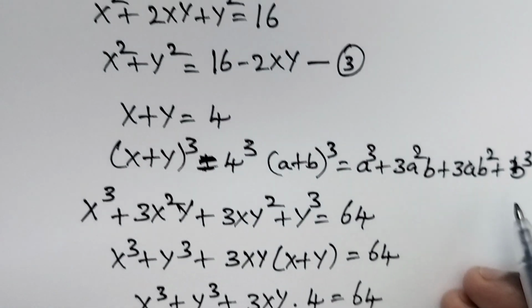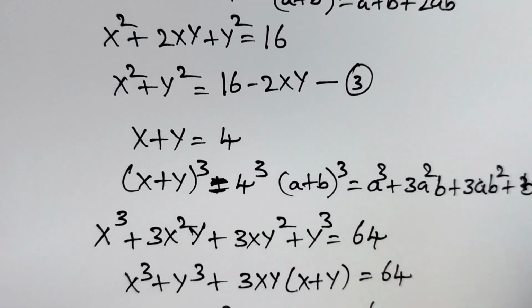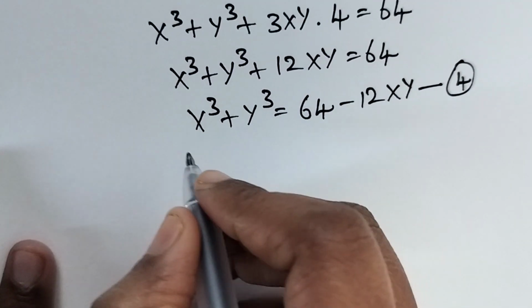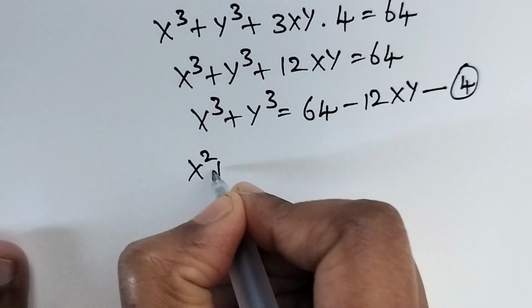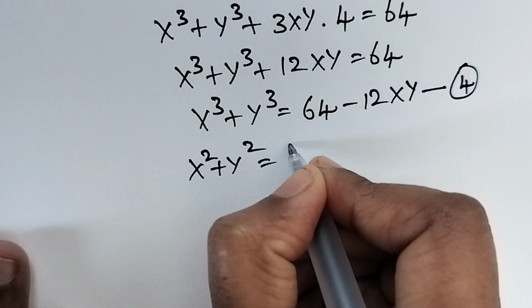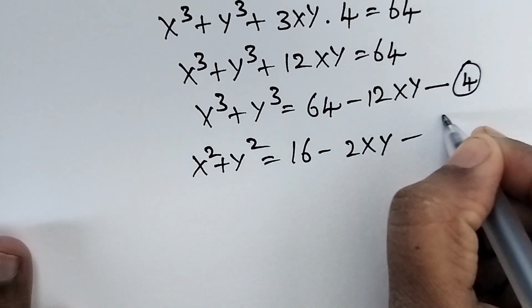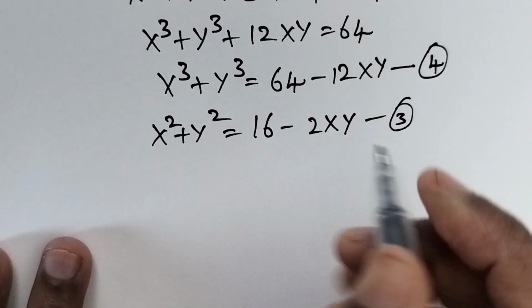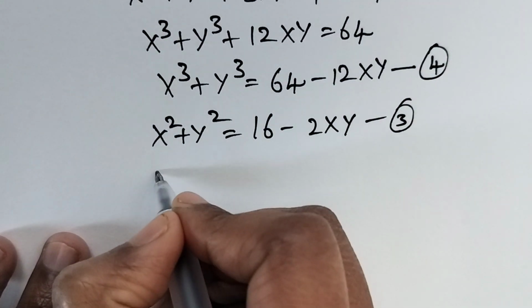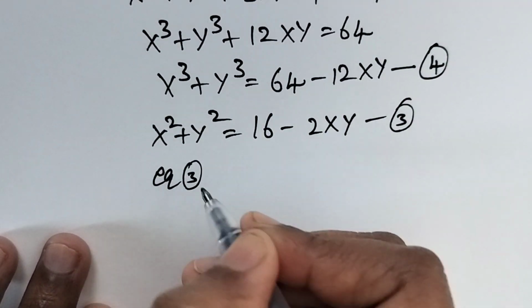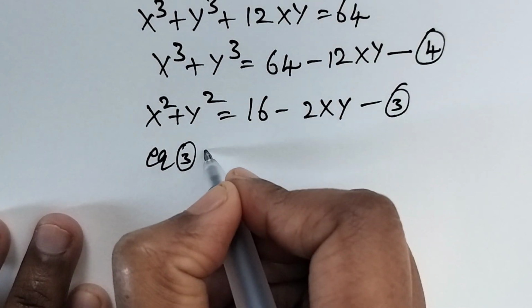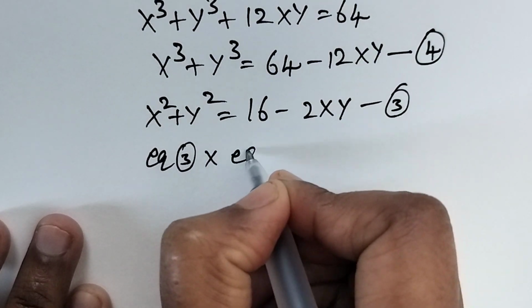So here we already have equation 3. So take this equation 3. x square plus y square is equal to 16 minus 2xy. So this is equation 3. So now multiply equation 3 and equation 4. So we are going to multiply equation 3 and equation 4.